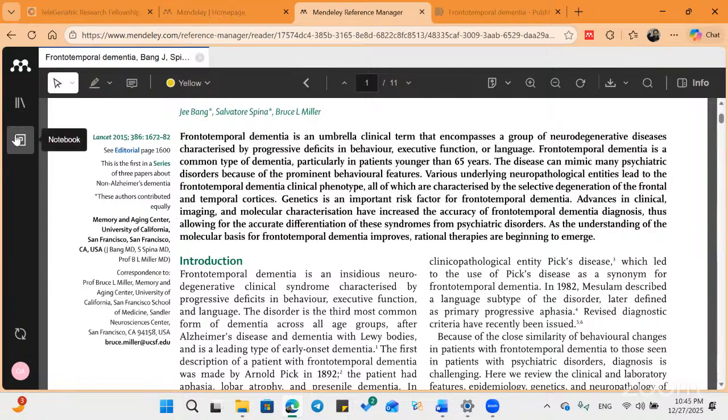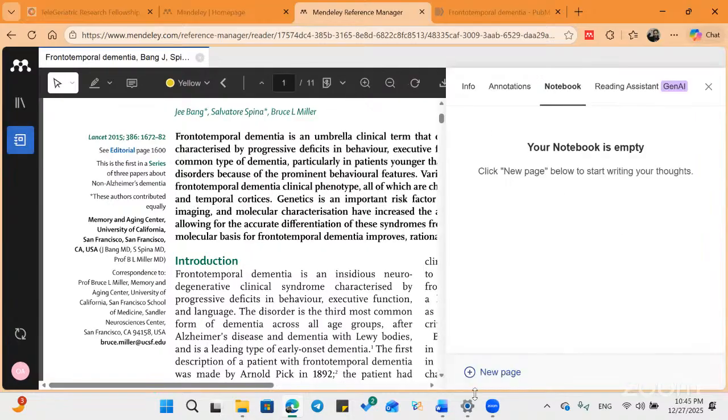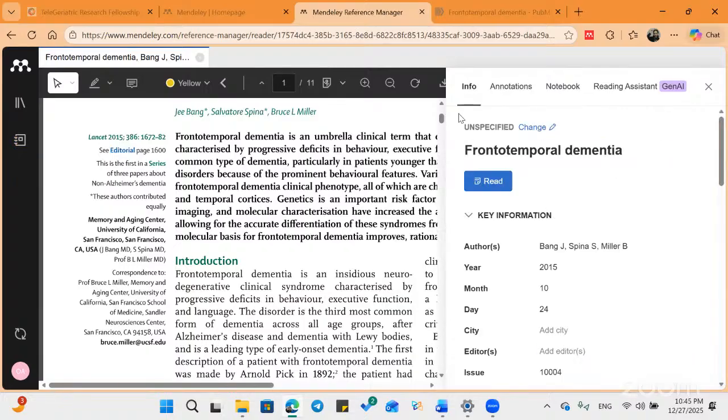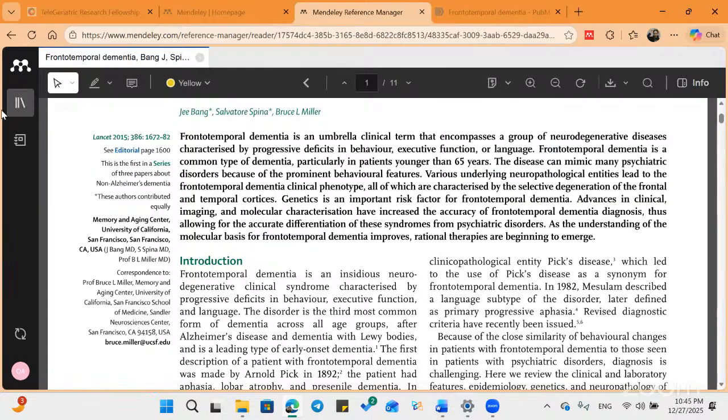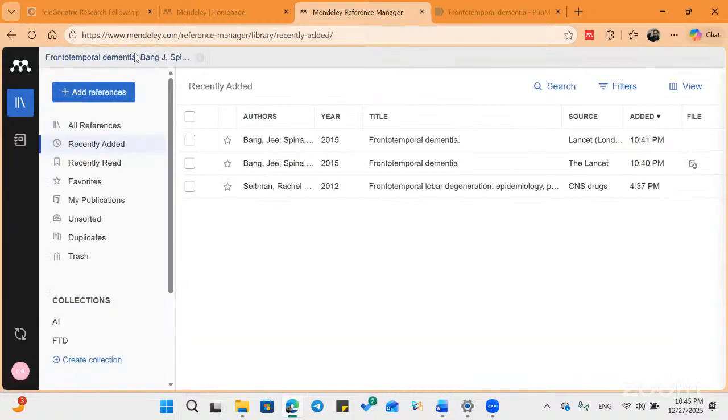And while you read it, there is a notebook here. You can use it to add any notes you have. From the same area, you can also access the information of the reference or the paper you are working on or you are reading. It stays open here like this unless you close it while you are still working on your library.